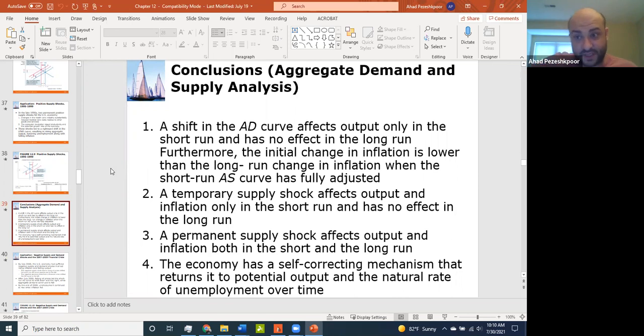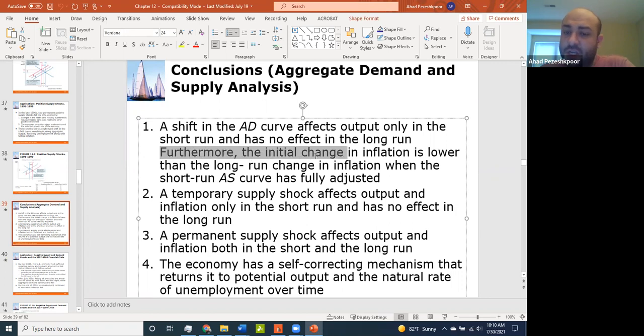So the Federal Reserve needs to increase inflation even more. It would be like a snowball from the mountaintop. Bigger, bigger, bigger, and it will be a giant pile of snow when it reaches the village at the foot of the mountain. So the initial change in inflation is lower than the long run change, when the short run aggregate supply curve has fully adjusted.